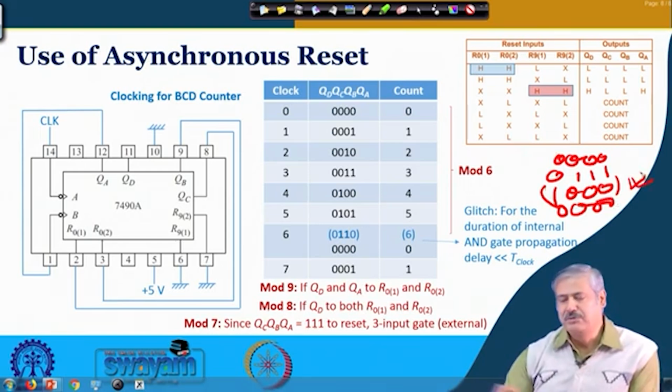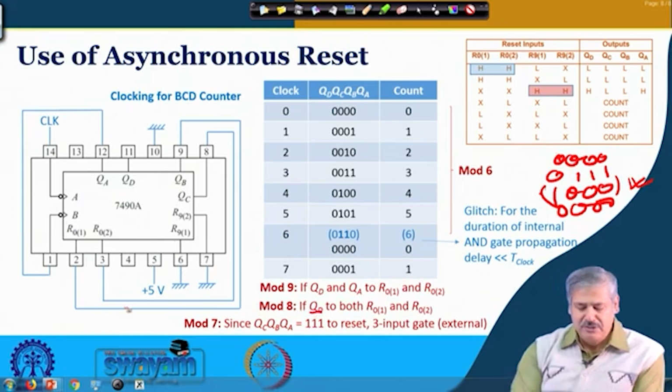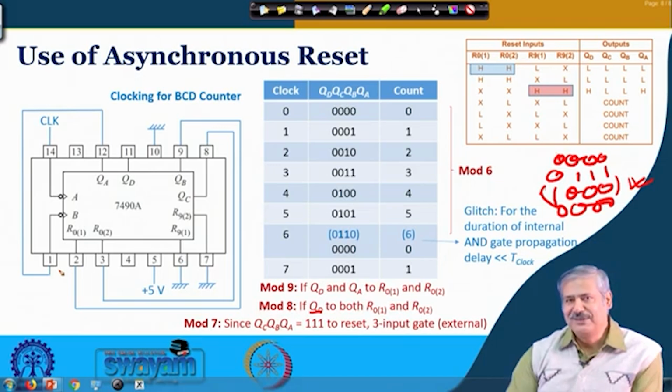This is the one with which you want to reset it. Okay. So, 1 has not come before, 1 is coming for the first time, right. So, QD you can feed to, just take a wire and connect to both of them, that is fine, internally it is getting ANDed, both the inputs are 1. Okay. So, that way you can get mod 6, that way you can get mod 8, that way you can get mod 9, right.